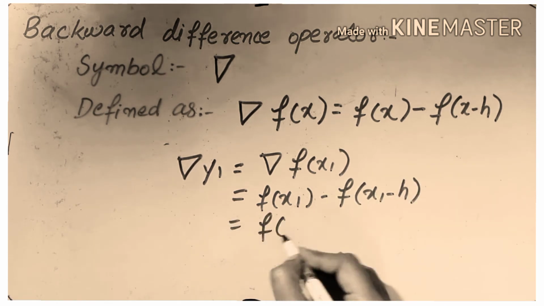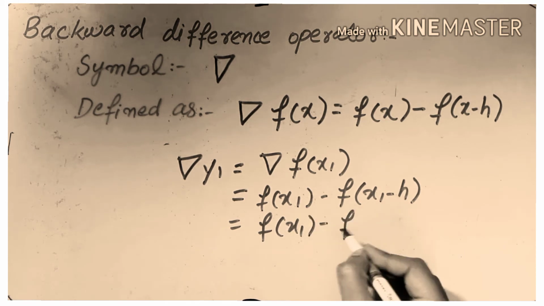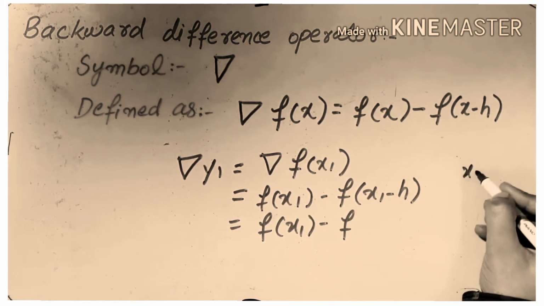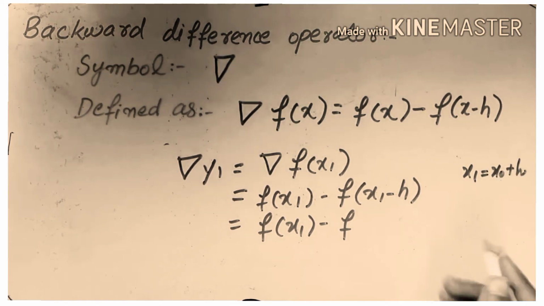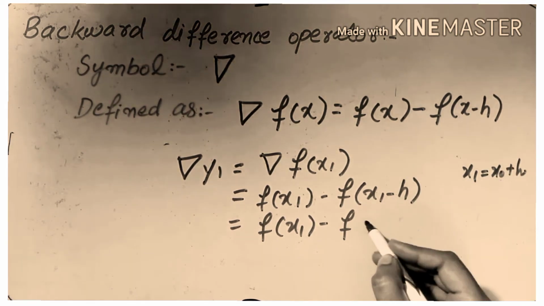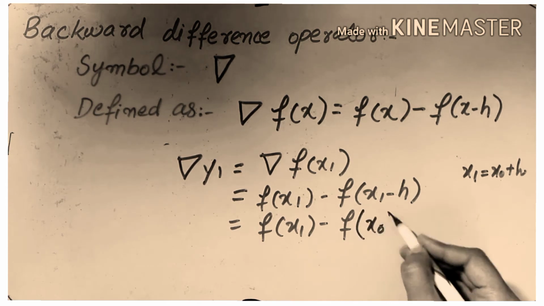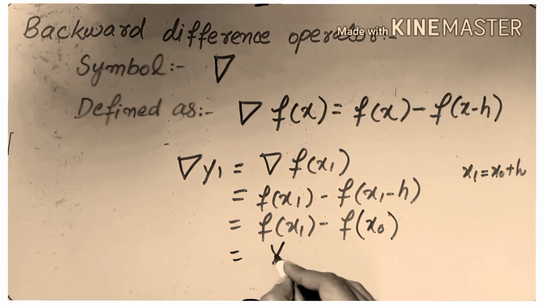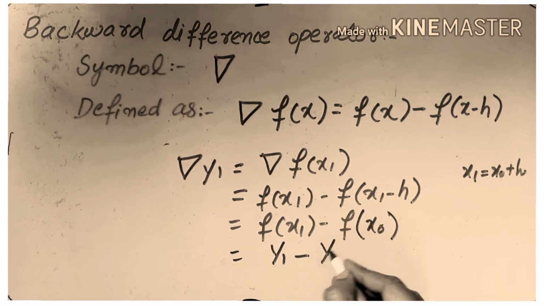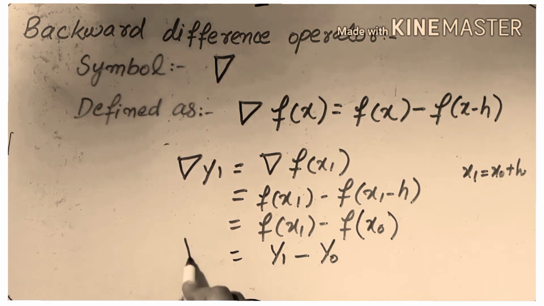We know x1 is equal to x naught plus h. We have studied this in the previous video. So it becomes f of x naught, and f of x1 is equal to y1 minus f of x naught, which is equal to y naught. So the backward difference of y1 is y1 minus y naught.